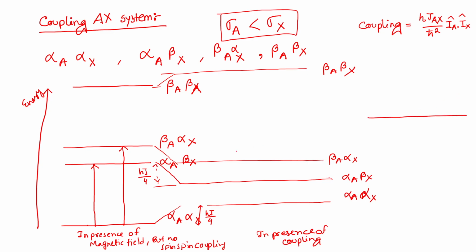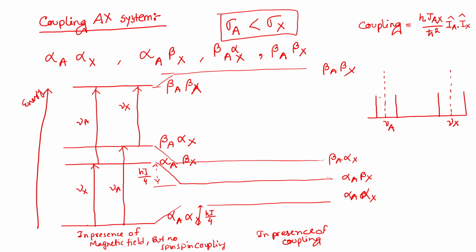Earlier, this transition would give you new A, this would give you new X. Similarly, the transition between 4th and 2nd would have given you new A, and 3rd and 4th would have given you new X. So you are expecting two signals, A and X, but due to this stabilization and destabilization due to coupling, instead of these two you are going to see something around here and here.